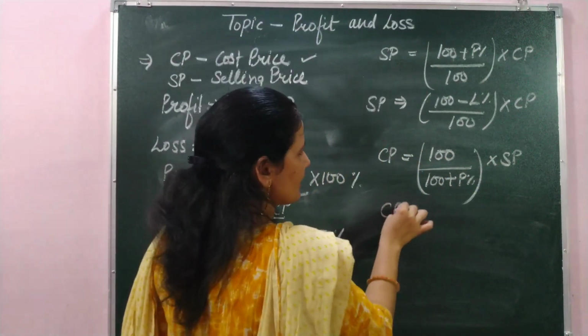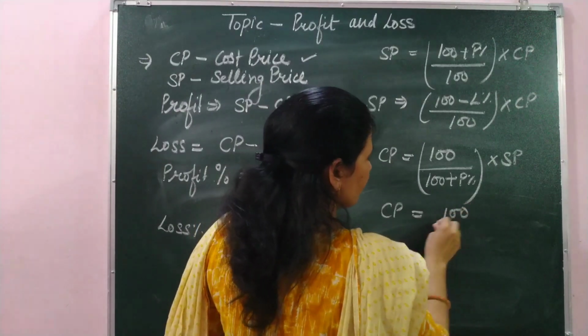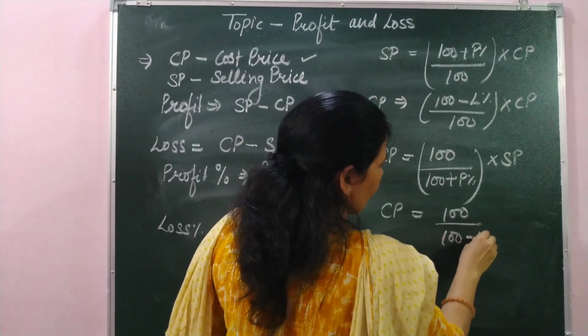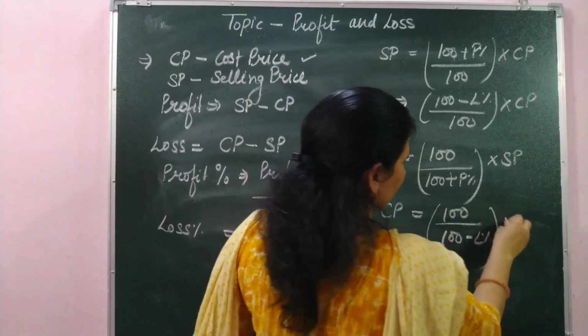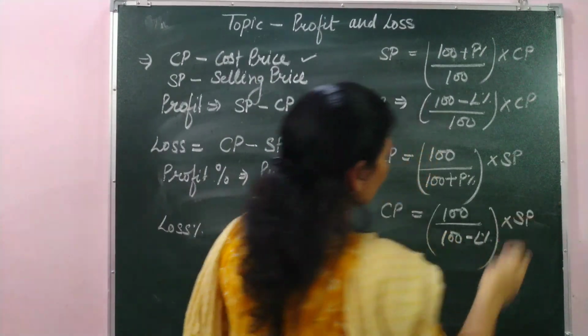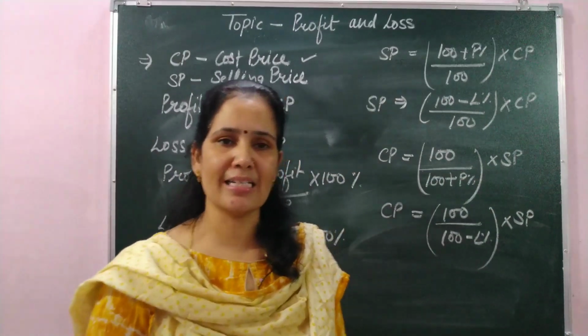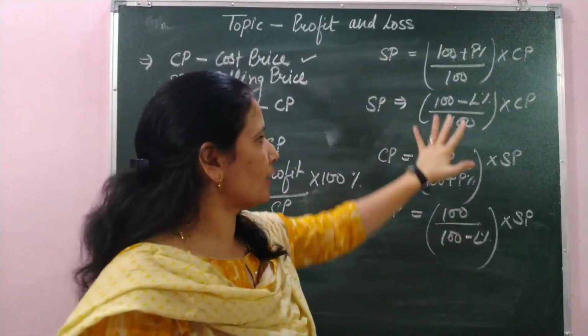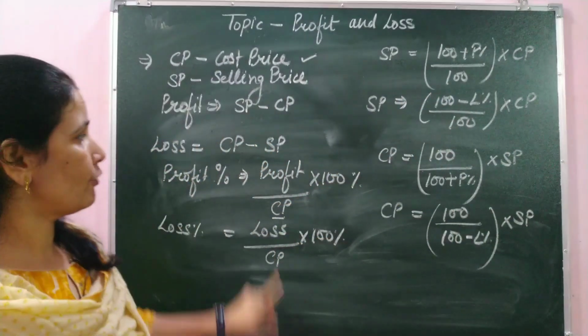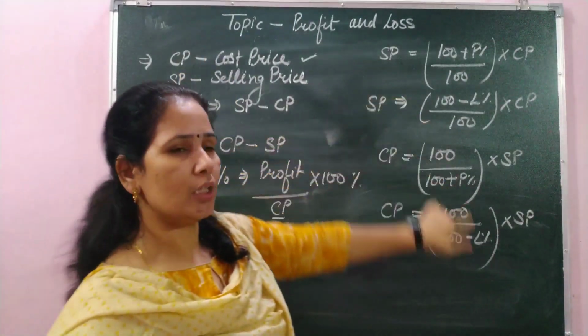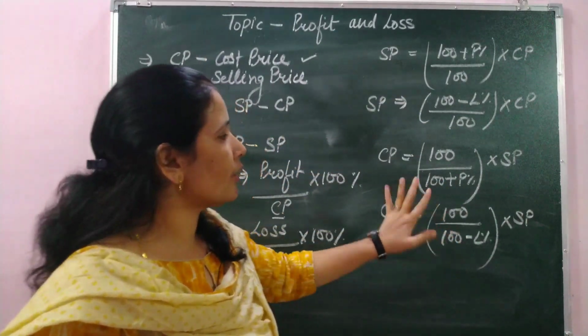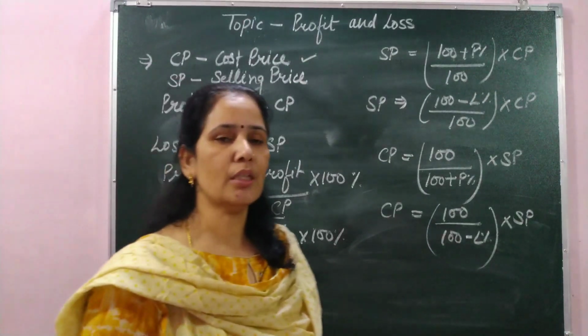If the loss percentage is given, 100 upon 100 minus loss percentage, multiplied by SP. So students, these are some formulas that we are going to use in our exercise 9.2, and these are very important formulas. First of all you have to learn all these terms. If you don't learn them, then you will not be able to solve the questions.